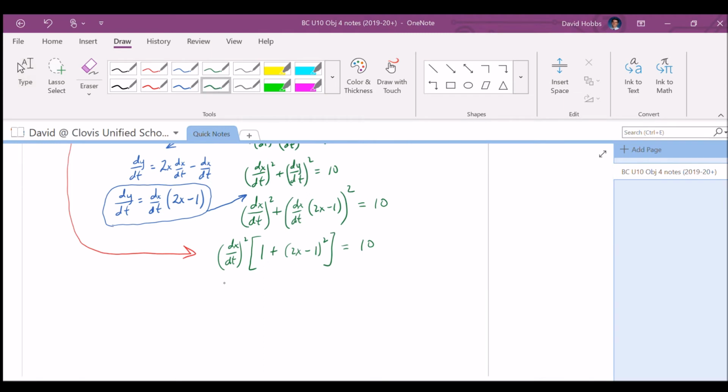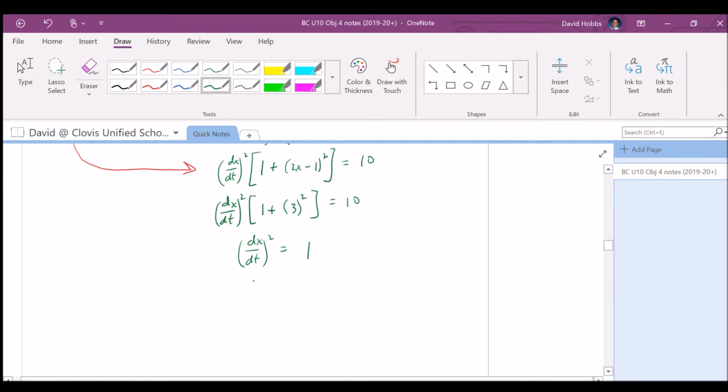I've got (dx/dt) squared times 1 plus, now 2 times x is 4, 4 minus 1 is 3, so the inside there is 10. If I divide both sides by 10, I get (dx/dt) squared equals 1, which tells me that dx/dt is either plus or minus 1.